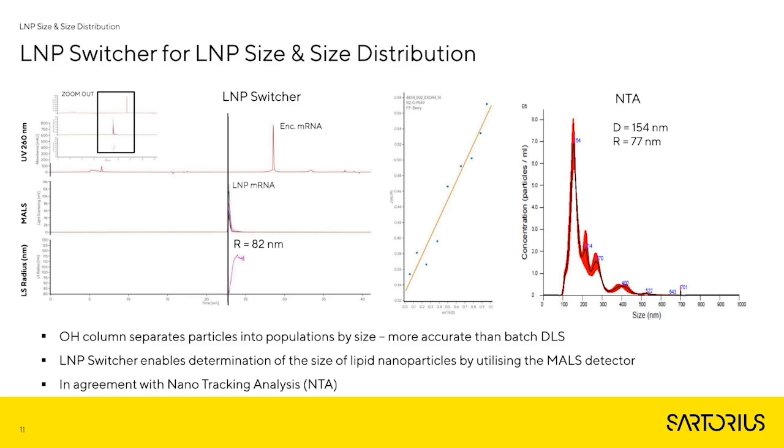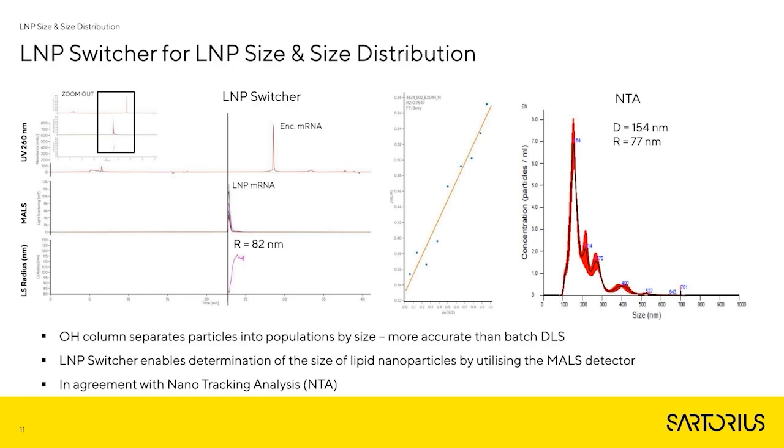In this case, we can present the separation using hydrophobic interaction chromatography. The larger particles bind more, and you get a separation. If we see a plot of radius, we can see an increase in size as this peak gets further on. So we are separating these particles by size, and we can show that it's comparable to microscopic techniques like NTA.